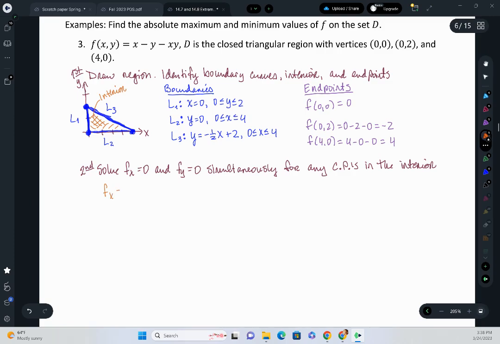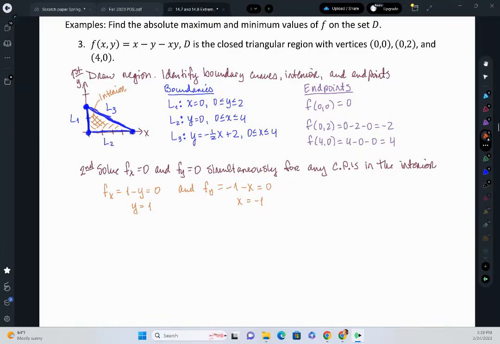We find f sub x. F sub x is 1 minus y, which is equal to 0. That means y is equal to 1. And f sub y is equal to -1 minus x equals 0. So x is equal to -1. Okay, so this is one of those situations that I was alluding to earlier when I was talking about local extrema.